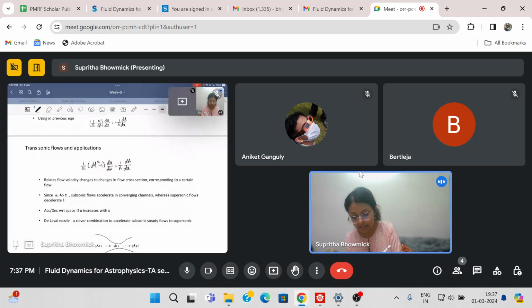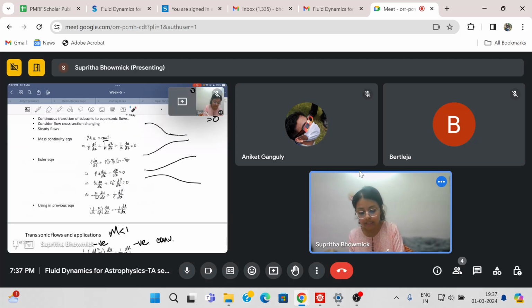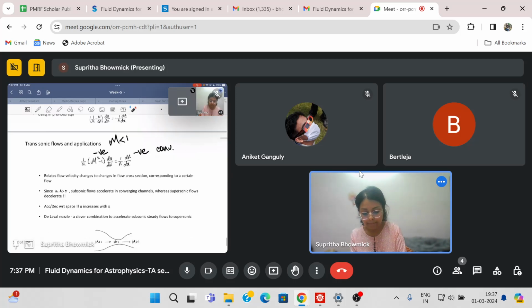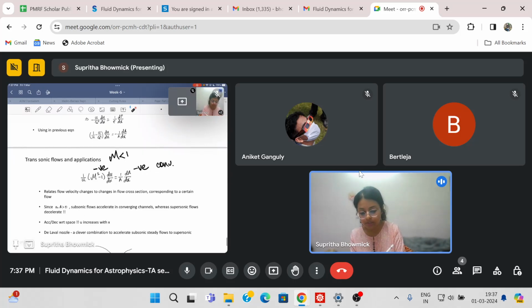If this is negative for M less than 1 and this is negative for converging channels, by converging I mean pipes that taper off like this, then du/dx is positive. So the fluid will accelerate. The speed of the fluid at different points will keep increasing as you go along x. So the fluid accelerates.